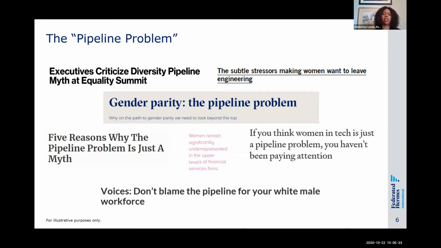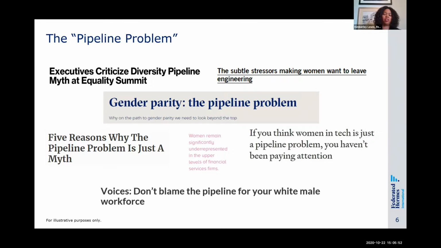The thing I want to say about that is that if a company is going to talk about the pipeline problem, it should really have data to demonstrate this, and it should also show what it's doing to contribute to developing the workforce, I would suggest.